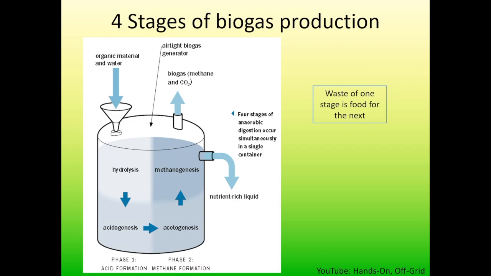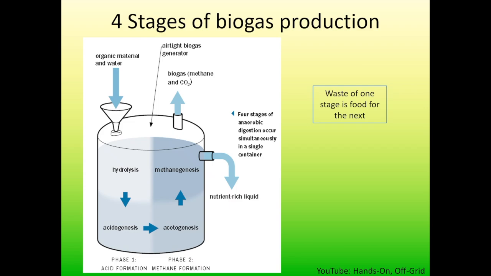Hydrolysis is the enzymatic breakdown of complex proteins, carbohydrates, fats, and oils into amino acids, simple sugars, and fatty acids. Acidogenesis is basically fermentation. It happens when acid-forming bacteria oxidize the simple compounds formed during hydrolysis to create carbon dioxide, hydrogen, ammonia, and organic acids.